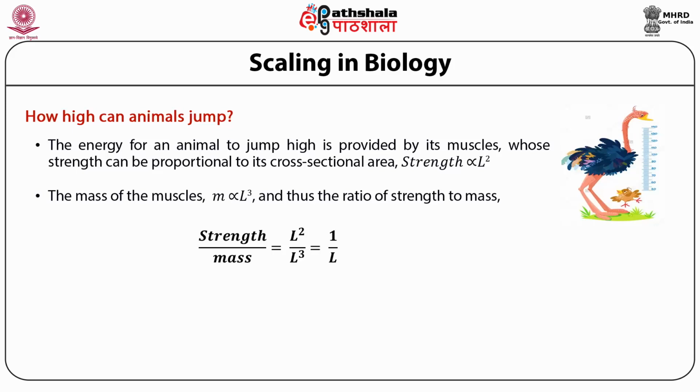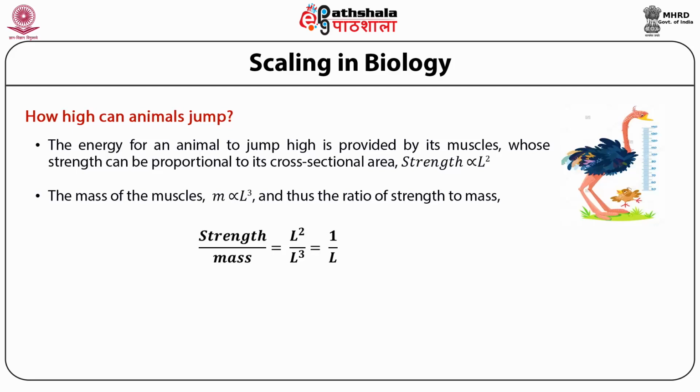So the ratio is a simplified indicator of how high a living object can jump. For example, an elephant does not have sufficient strength to overcome its weight and jump at all, whereas a grasshopper can jump hundreds of times the length of its body.